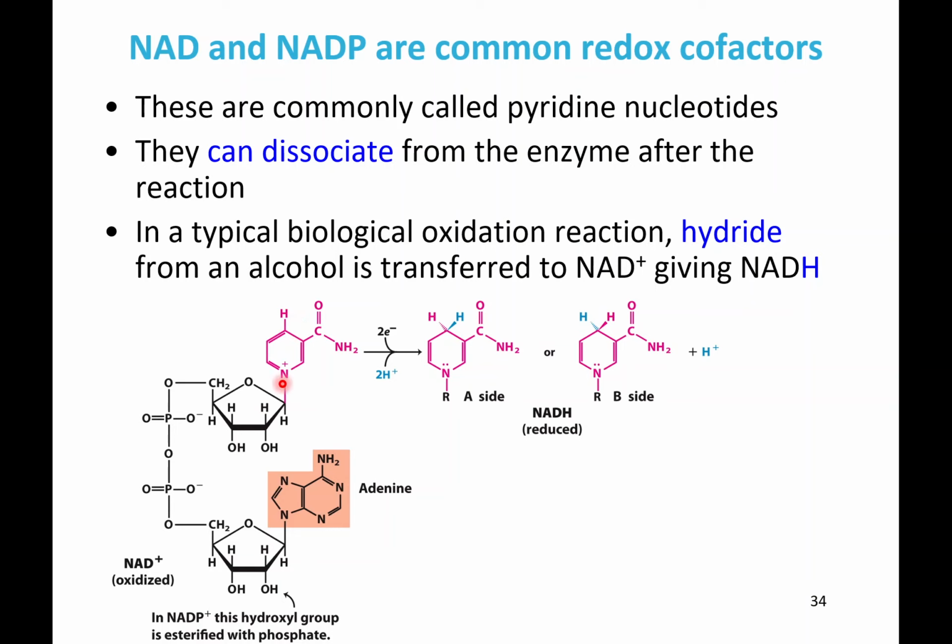So this nicotinamide, this is in the oxidized form. It'll have a positive charge on this nitrogen. It can accept 2 electrons and 2 protons, and then it turns into this uncharged form. Okay. Which is the reduced form. Okay.